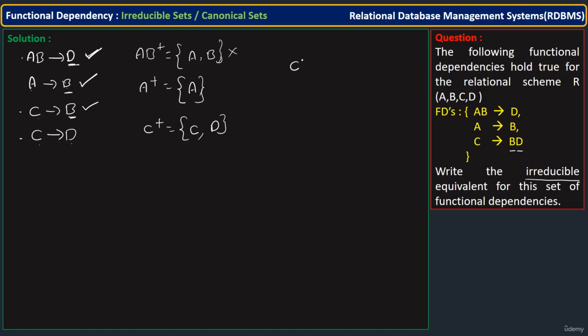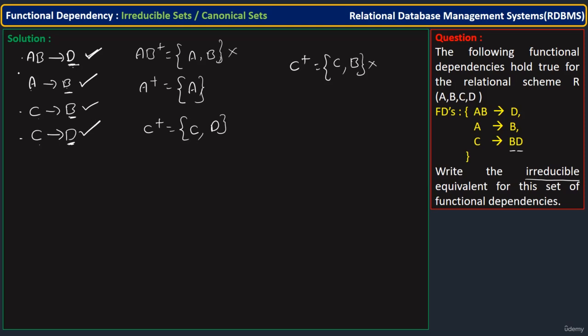Similarly, for the C closure here, it is generating B, but we need D. From these three, using C or B or both in combination, we are unable to generate D. So this is also essential.